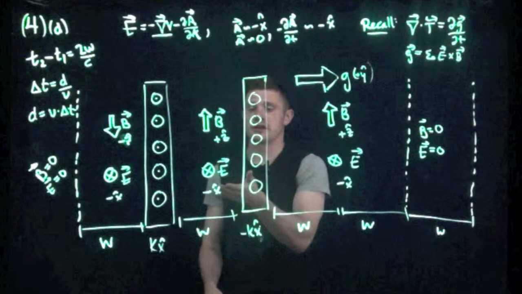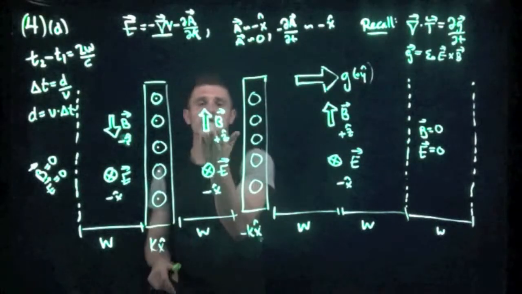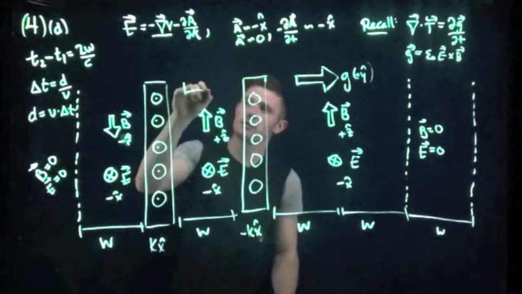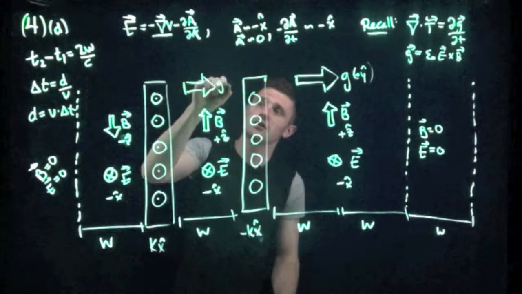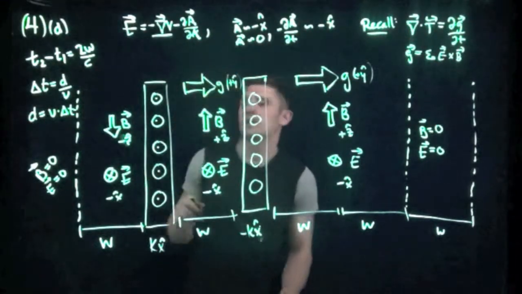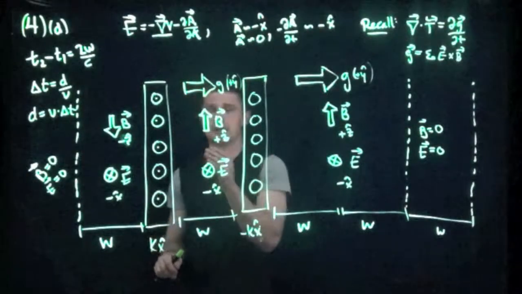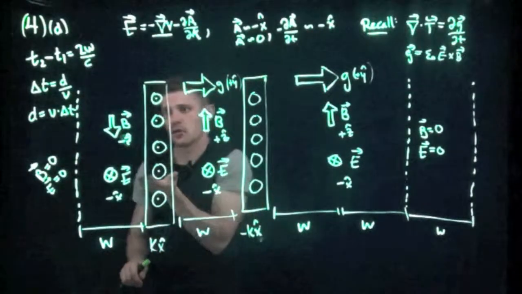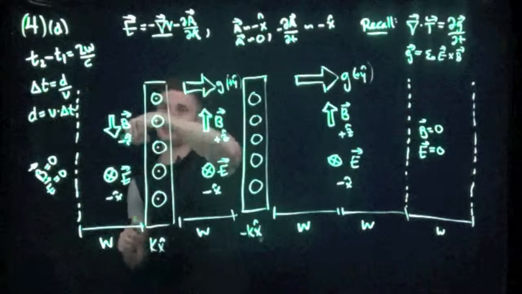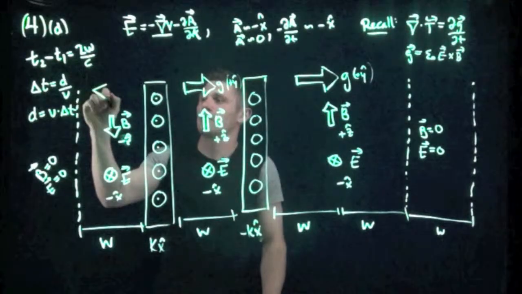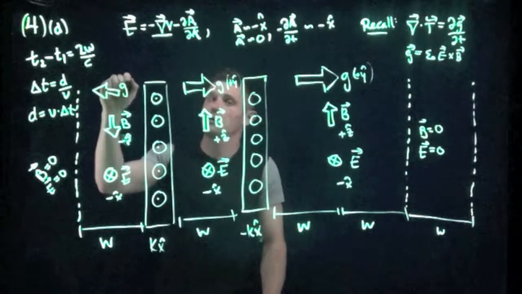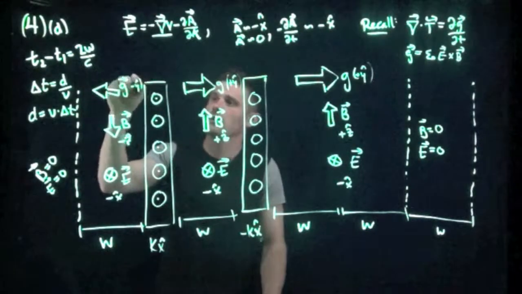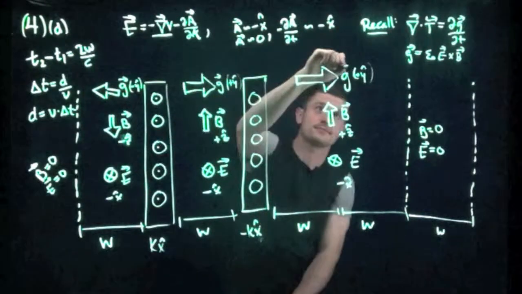And similarly here we have E into the page curls in B, so g is also propagating in the y hat direction here, positive y hat. And then on this side we will have a change as we go E, but now we're curling down with B, so it will be pointing in the negative y hat direction, g, and this is negative y hat. And these are all vectors.